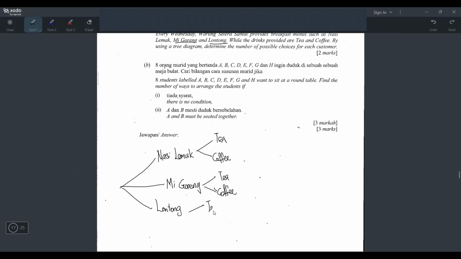If you go with lontong, you can also choose tea, coffee, right? So how many options in total? 6 options, right?